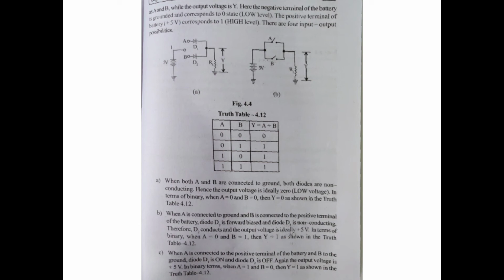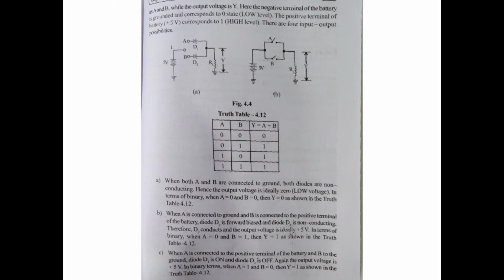When both A and B are connected to ground, both diodes are non-conducting. Hence, the output voltage is ideally 0, that is low voltage level. In terms of binary, when A is equal to 0 and B is equal to 0, then Y is equal to 0, as shown in the truth table 4.12.